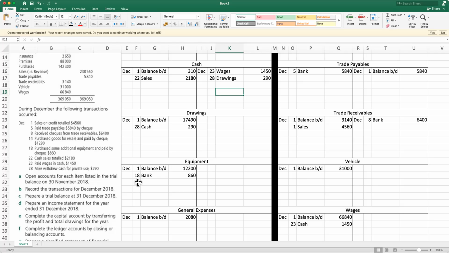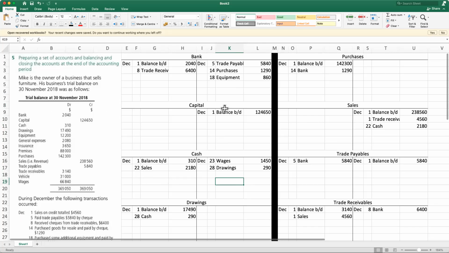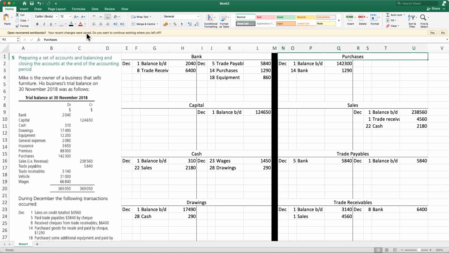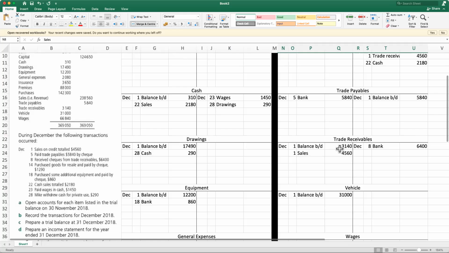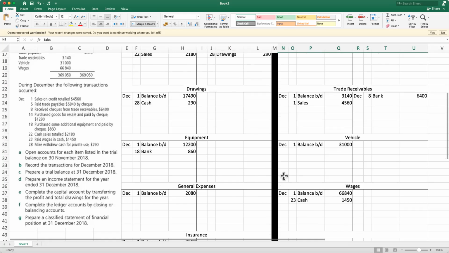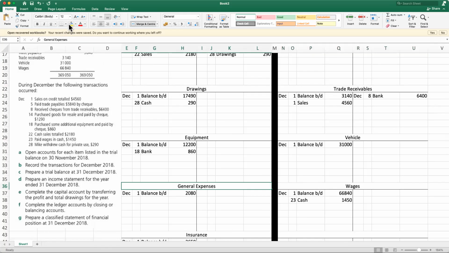Closing means that we transfer it to the income statement. So now let's look for all our accounts that are involved with the income statement. Purchases is one of them, sales is one of them, trade payable no, trade receivable no, equipment, drawings, cash, bank no, general expenses yes. I'm only looking for my P, my S, my E, which is my expenses, and R, my revenue.